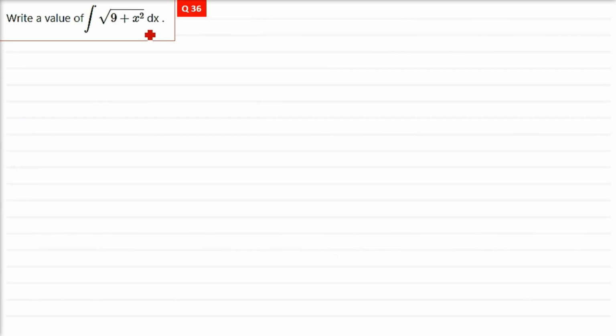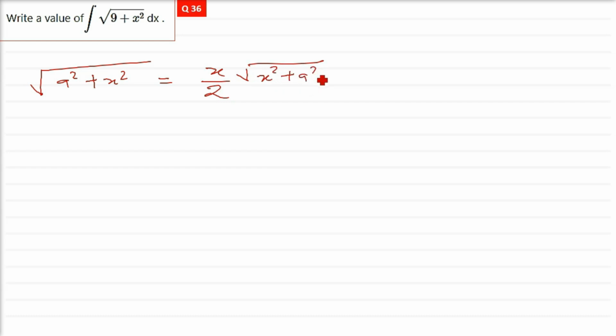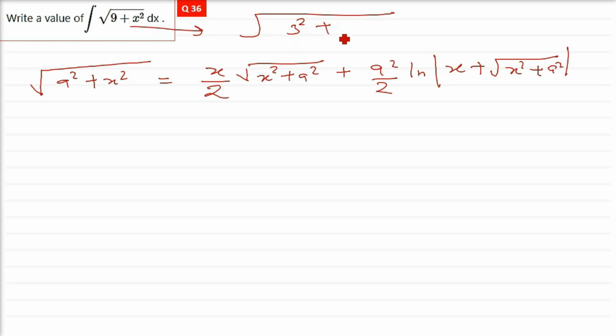Under root a square plus x square kind of formula we can apply here. So we have under root a square plus x square. Let's write the generic formula, which is x by 2 under root x square plus a square, plus a square by 2 and log base e, we can write it as ln modulus of x plus under root x square plus a square. Now this expression can be written like this, 3 square plus x square.